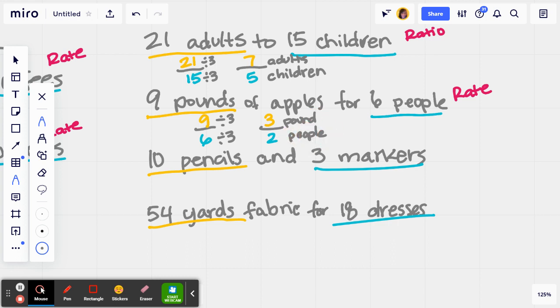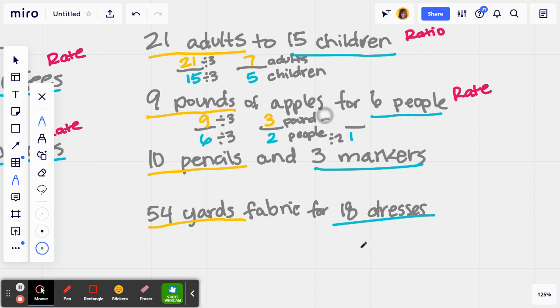Okay, so now I've got a question for you. Could I make a unit rate out of this? So in other words, could I make a rate where the bottom is 1? Yes or no? Yeah, I could. I'm not going to end up with an integer on the top, obviously, because what we're going to have to divide by is a 2 here, because 2 divided by 2 is 1.